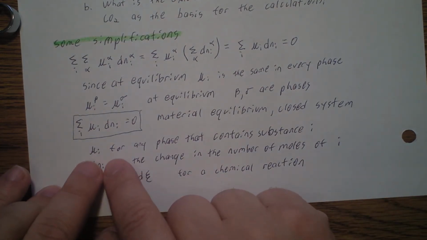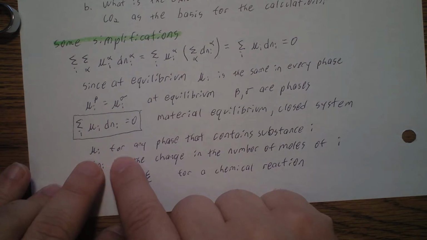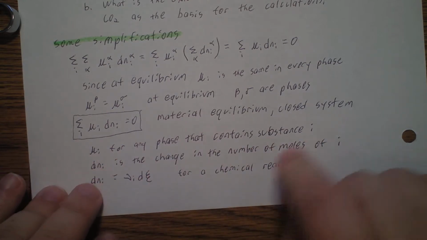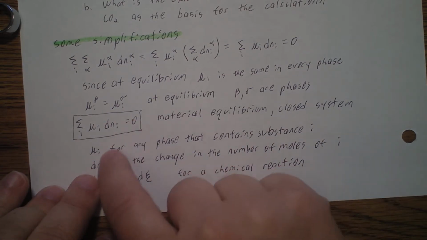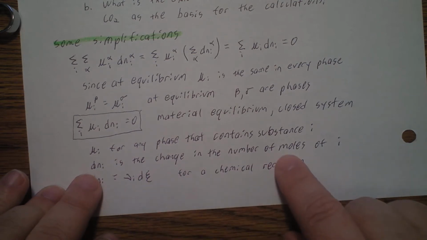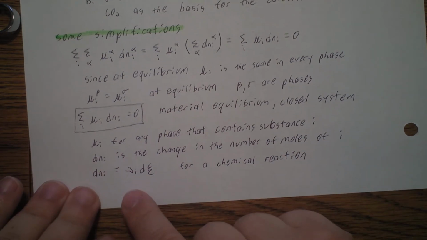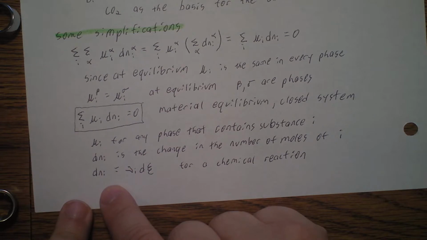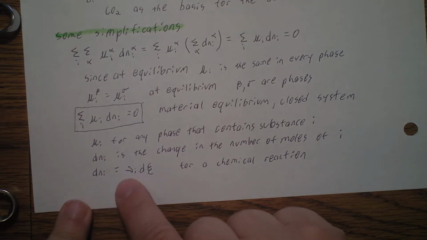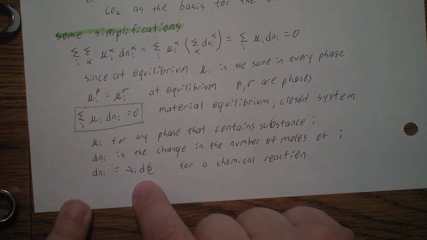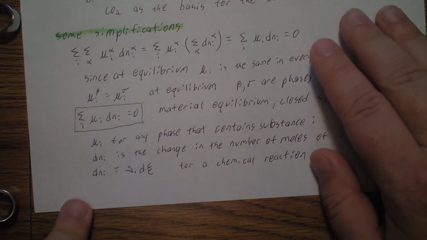Now remember, this is the chemical potential I for any phase that contains substance I. This is the differential of the change in the number of moles of substance I, which, remember, is just equal to the stoichiometric coefficient nu I times the differential of the extent for the chemical reaction.